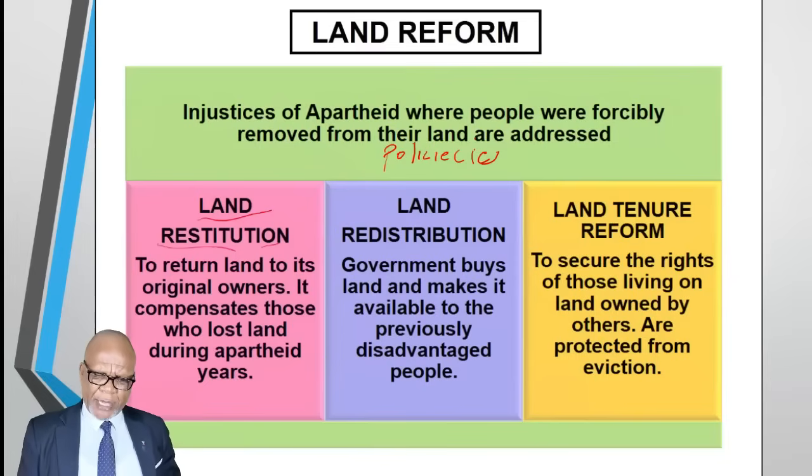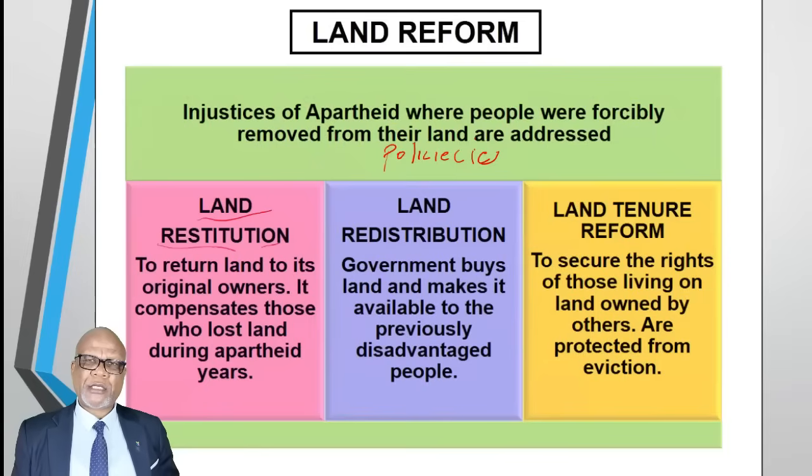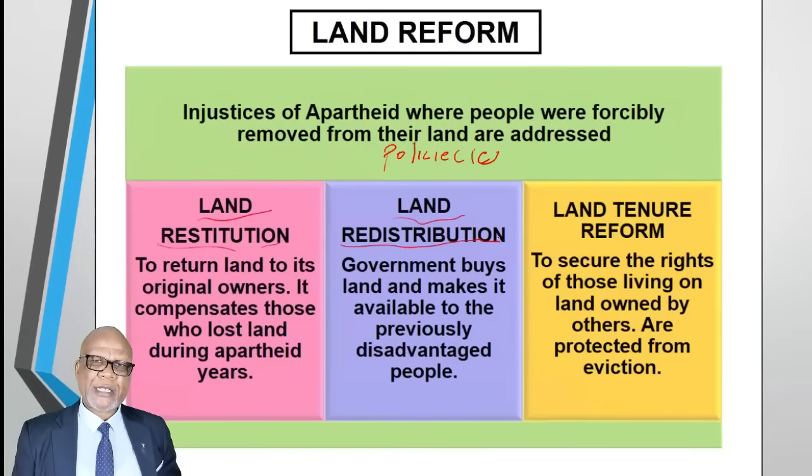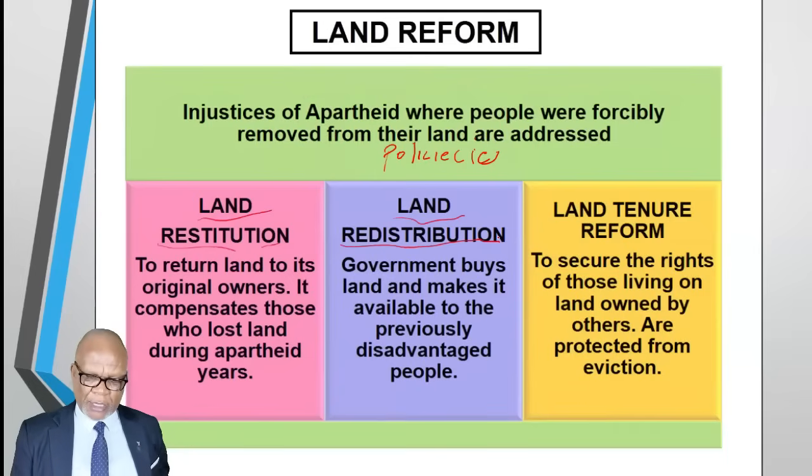And the second policy here is land redistribution. During apartheid, land was distributed, but it was unfairly distributed. So what is happening now with land redistribution? People that never owned land are given an opportunity to own land.